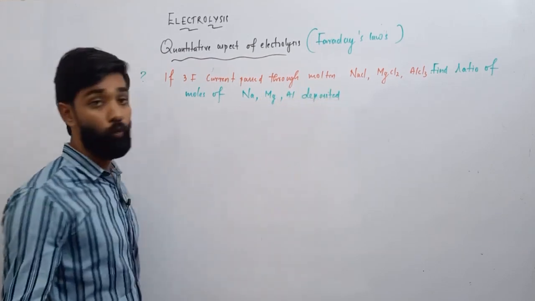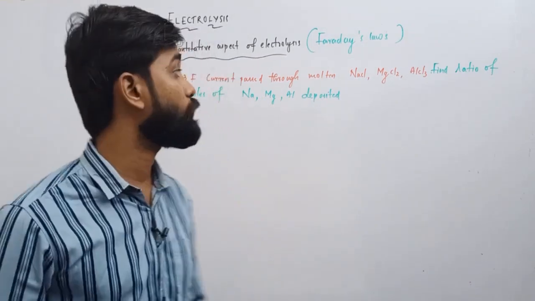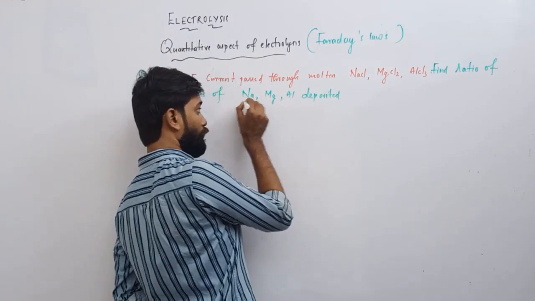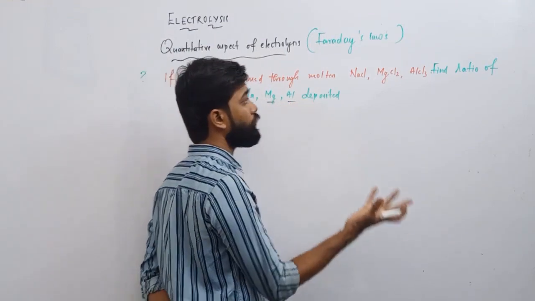So you want to find the molar ratio when 3 farad current is passed through those electrolytes.